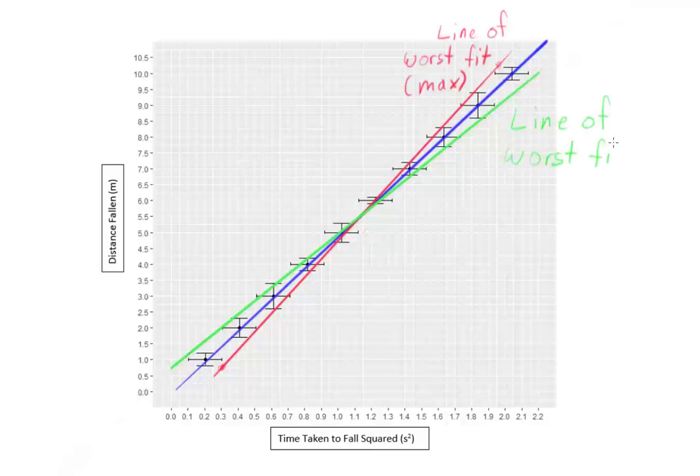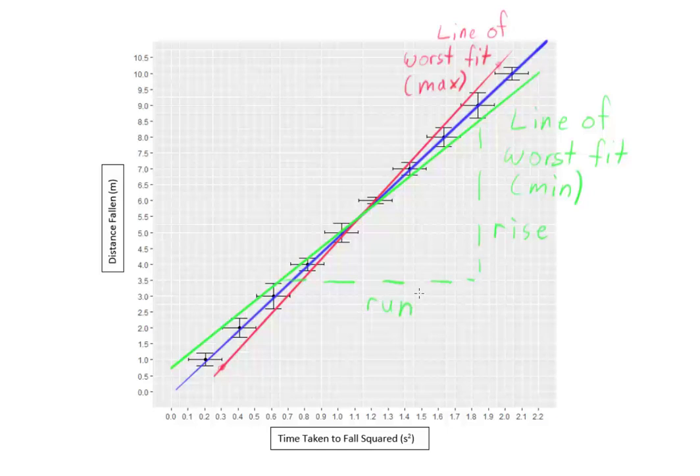Now once I've drawn in all these lines, I actually need to calculate the gradient of all these lines. So the line of best fit in blue and the lines of worst fit in red and green. So to do this, I can just pick any 2 points on the line, and then I draw a triangle. And then if I take the rise, how far it goes up, and divide it by the run, that gives me the gradient.